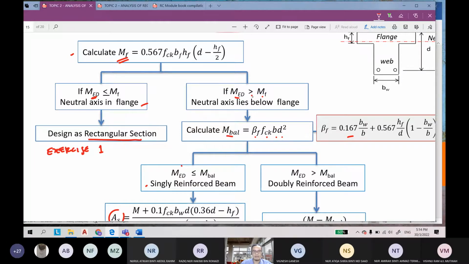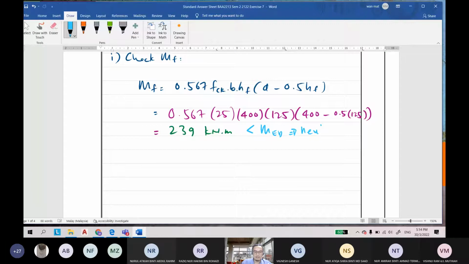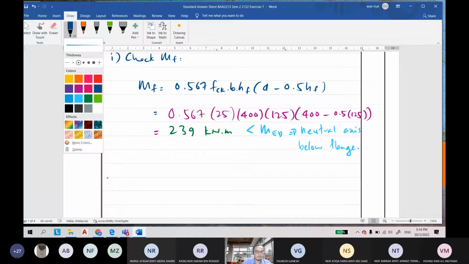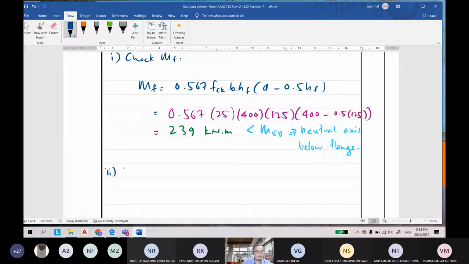So the neutral axis is below the flange. Then we proceed to the second step.